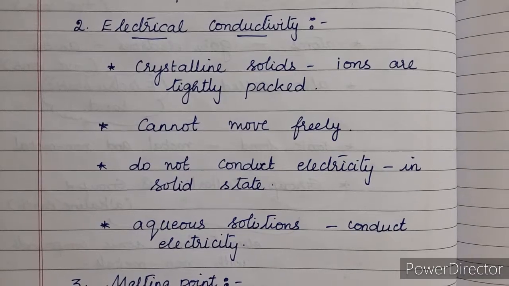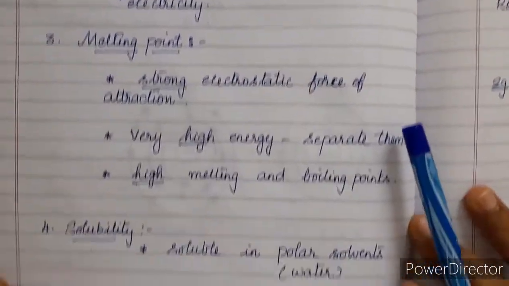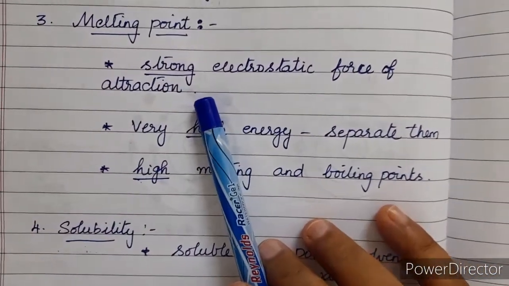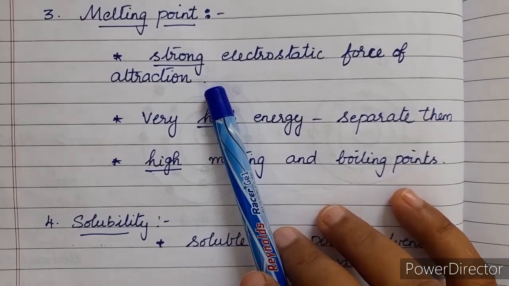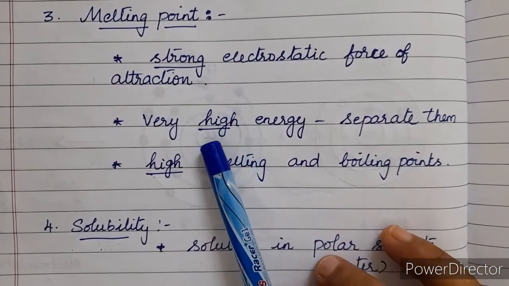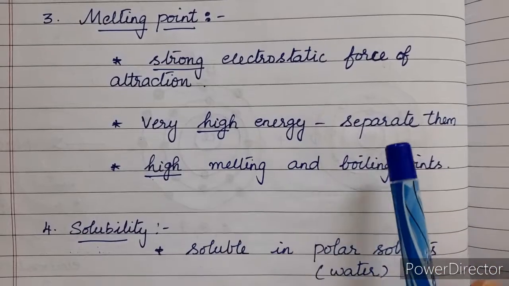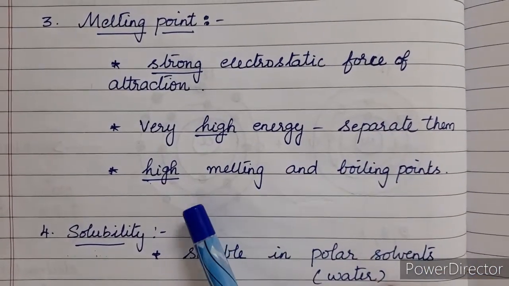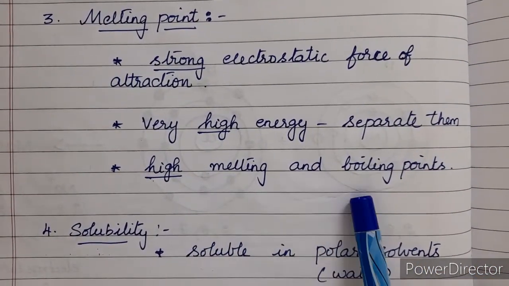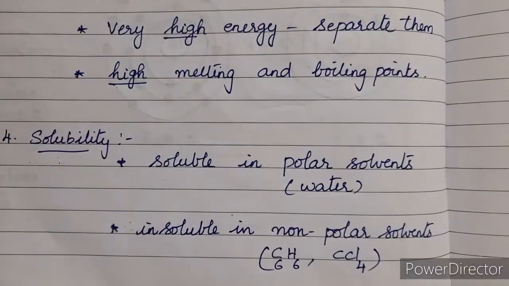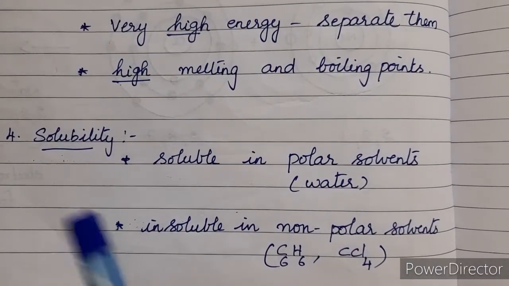The next one is the melting point. Since they have a strong electrostatic force of attraction between the positive and the negative ions, it needs very high energy to separate them, right? So they have a high melting point and boiling point. The next one is solubility.